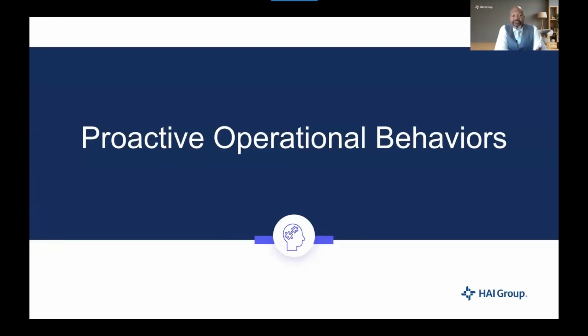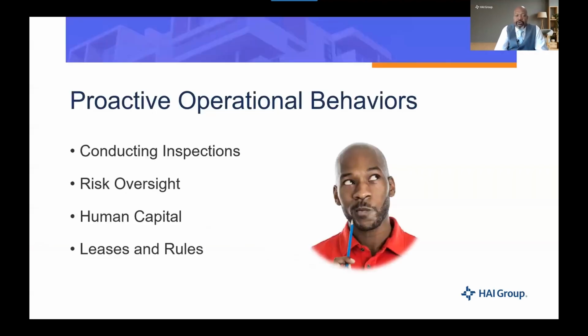As a proactive operational behavior, we tend to look at things in a broad way, at the operational behaviors, things that you should be looking at and doing. As a part of proactive operational behaviors, we want to conduct inspections, so we can figure out where we are with the security of our organizations and the properties and sites that we deal with.